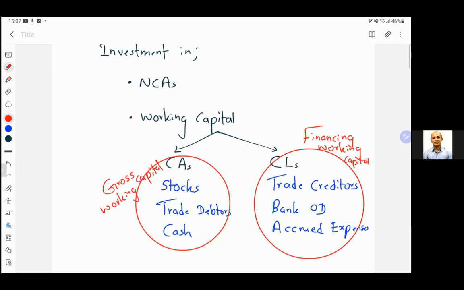Now you see, the company carries out investing activities: investment in non-current assets like property, plant, and equipment, and investment in subsidiaries. Those are investing activities.